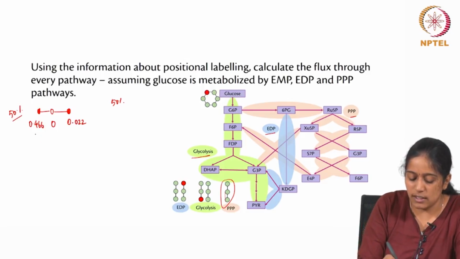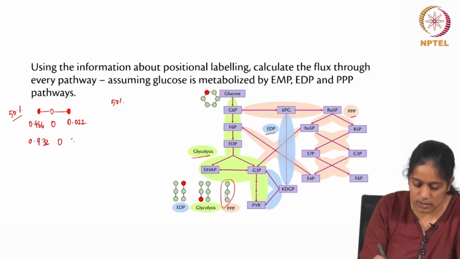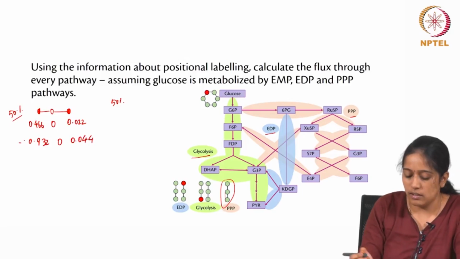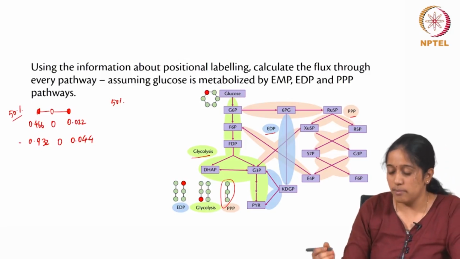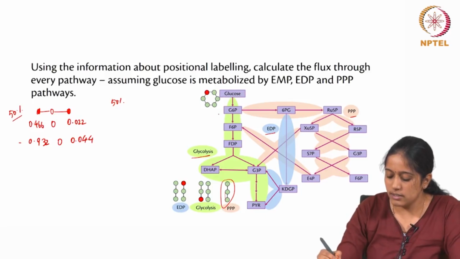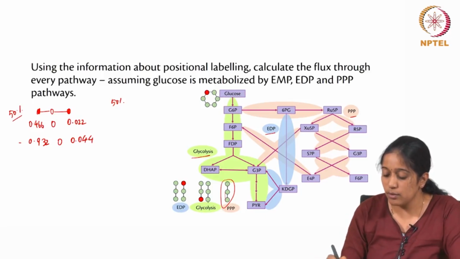So, if I want to calculate for 100%, obviously I will multiply it by 2, and so I get this as 0.932, 0 and 0.044, right.